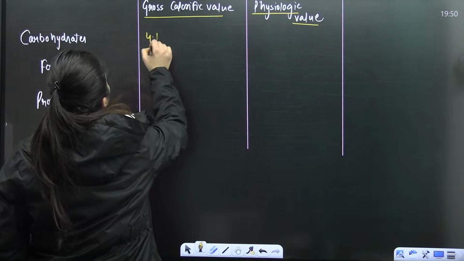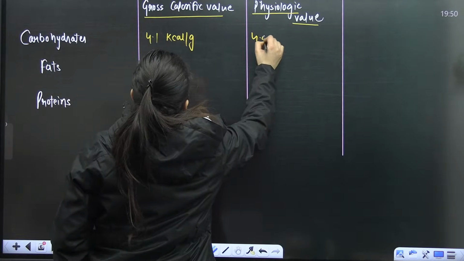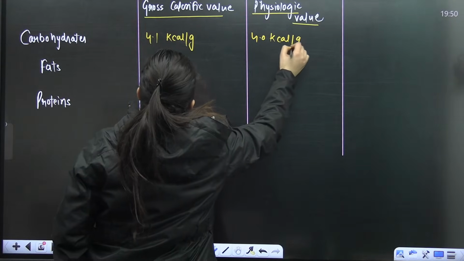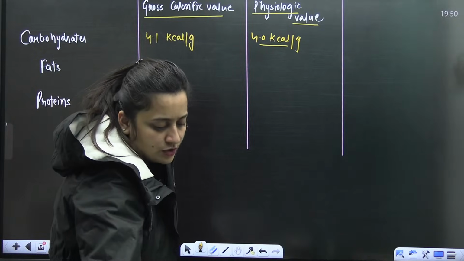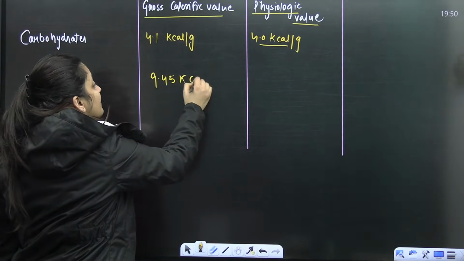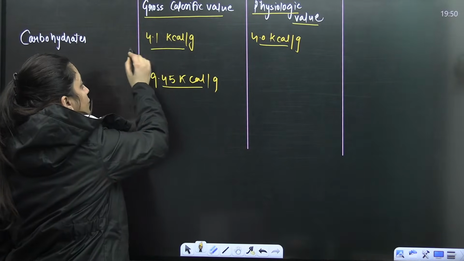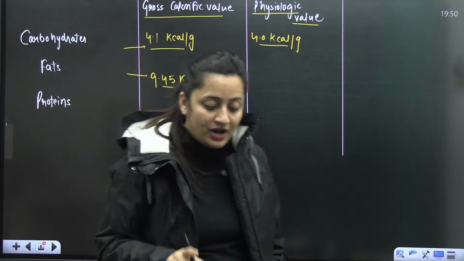In the case of carbohydrate, it is going to be 4.1 kilocalorie per gram. But here there is no major change. Are you getting my point? This is going to be the value. For fats, it is going to be 9.45 kilocalorie per gram. See, I told you, it has more energy than the carbohydrates, but still they are not our primary substrate.